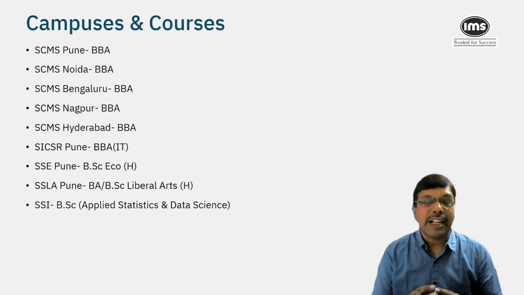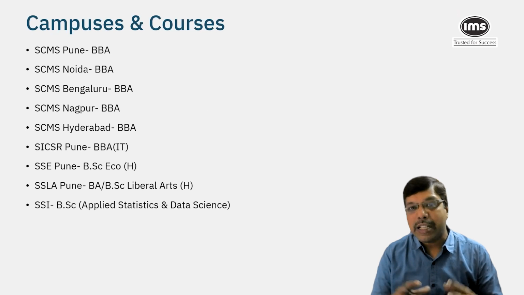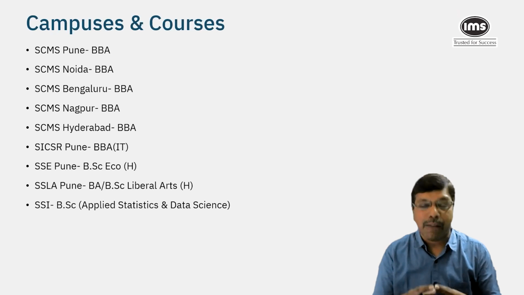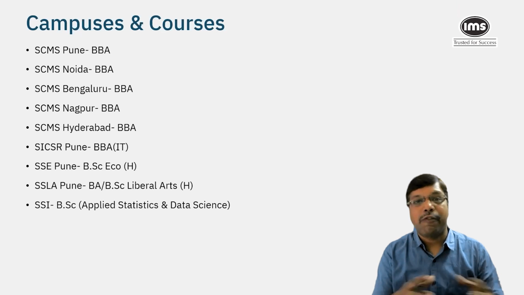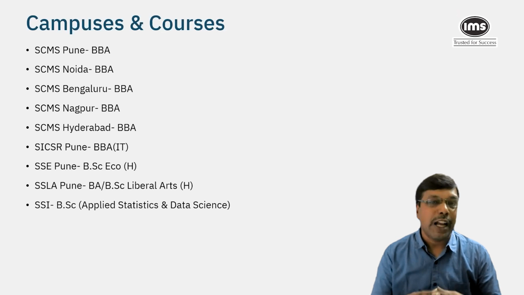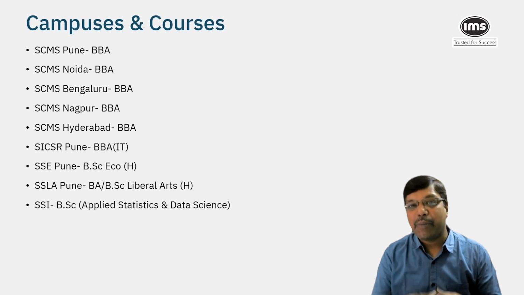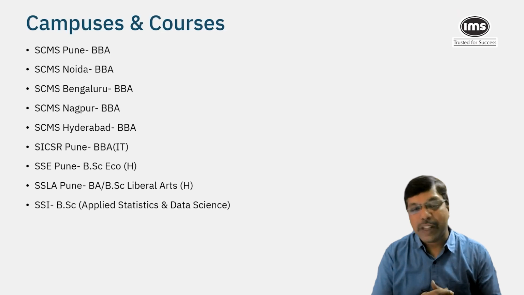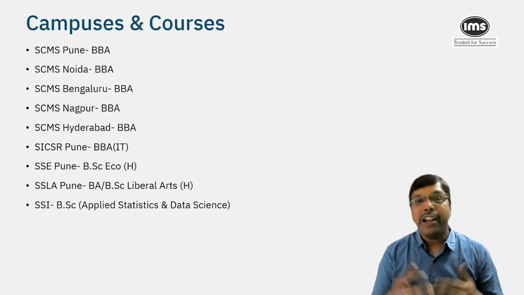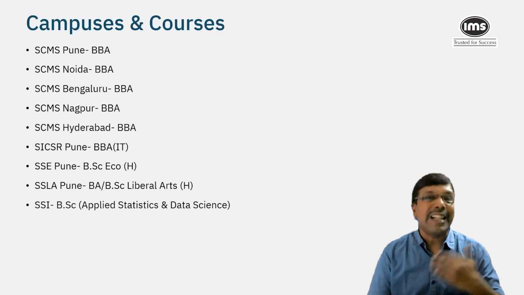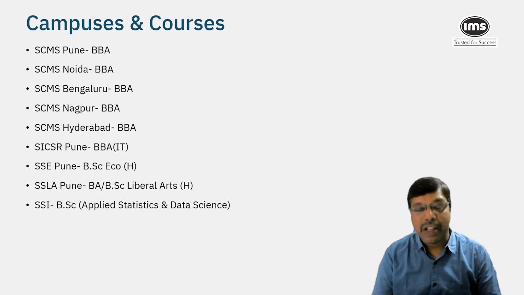So this is the complete list of campuses and courses that offer the said programs across the 5 campuses in India at Pune, Noida, Bangalore, Hyderabad, and Nagpur. Now, the advantage with this is the entrance exam is common for all these campuses and the courses.